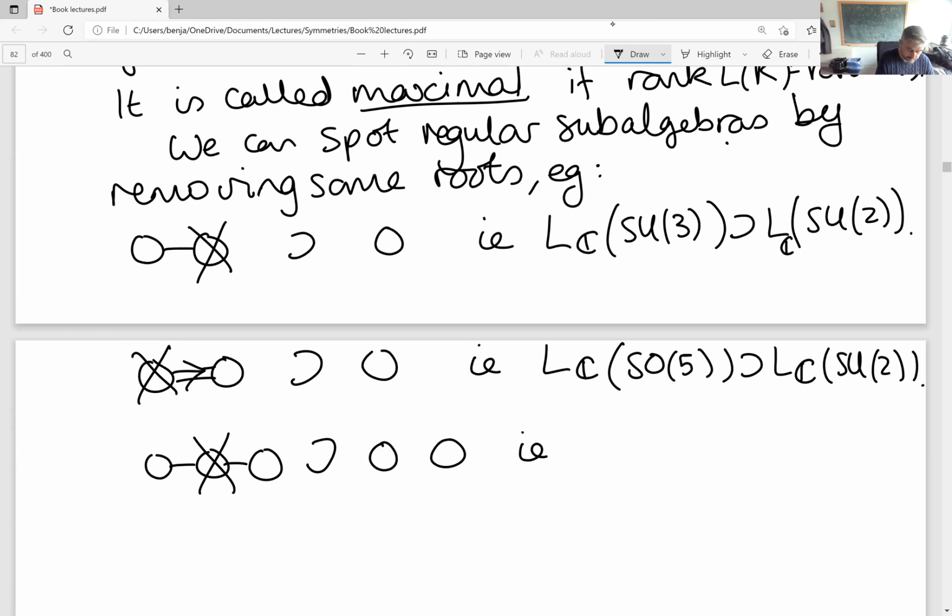So the Lie algebra of SU4 contains the Lie algebra of SU2 cross SU2, without a connection. That's how we denote a semi-simple Lie algebra. And it's one of the exercises to show that this Lie algebra is isomorphic to the Lie algebra of SO4.